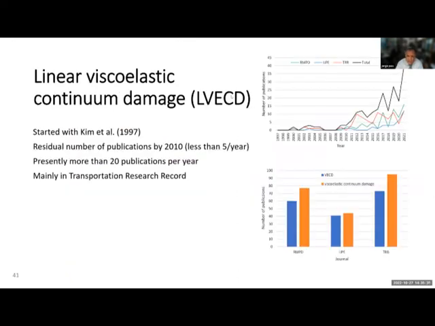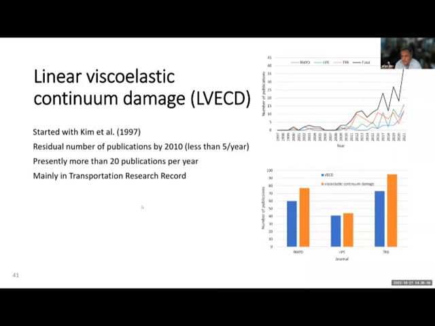If you think about the linear viscoelastic continuum damage theory developed by Professor Richard Kim almost 25 years ago, the number of publications about continuum damage is now starting to increase. Before 2010, the number was extremely low, no more than 5 per year. But at this moment, we have more than 25 publications per year.